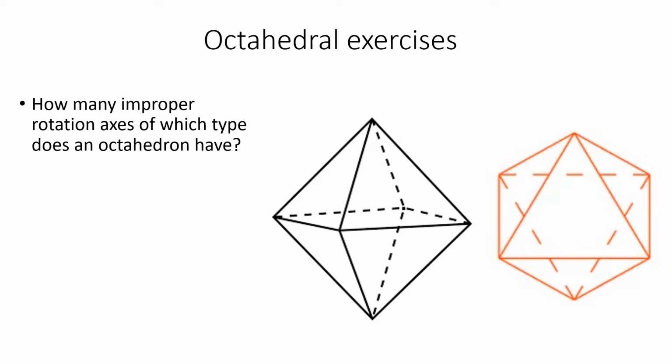But when you look through a face, there is symmetry around that axis. So you can certainly do a threefold rotation, because it's an equilateral triangle face and another equilateral triangle behind you, and when you do a threefold rotation, it should leave it all looking the same.